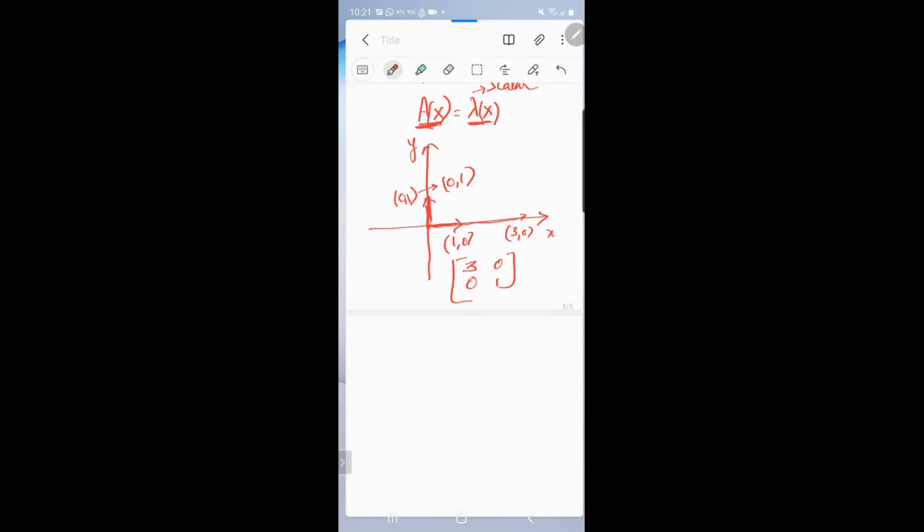Horizontal translation by 8 units. So what happens if you do a horizontal translation by 8 units? This point here would go all the way to this point here, (9, 0), right? So that's another transformation. This point here also would go to (9, 1).